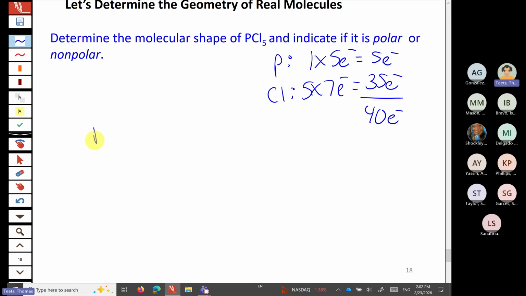So when we draw this one in Lewis structure form, we put all 5 chlorines around the central atom, single bonds. We complete their octets with lone pairs.